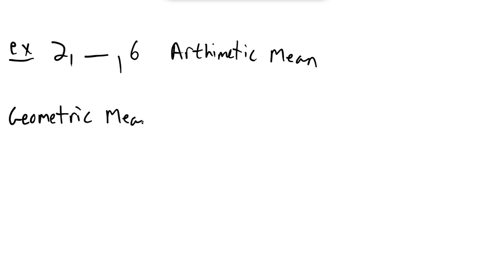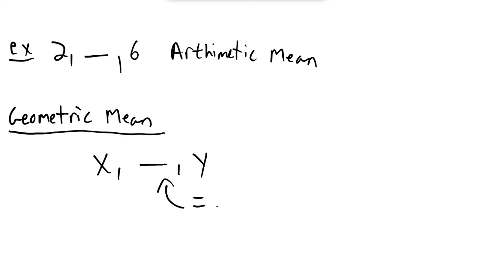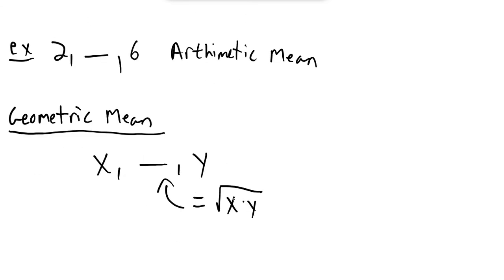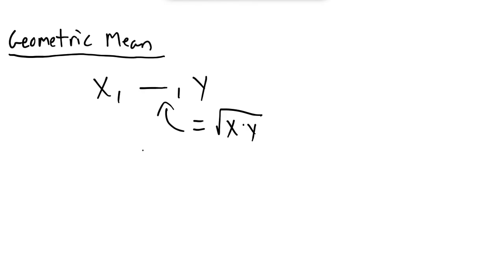And the geometric mean is if you have a number and a blank and then something else, you're trying to find this, you know it's geometric, this middle term is just going to be equal to the square root of x times y. So all we're doing is we have to take the square root of x times y to find that middle term.